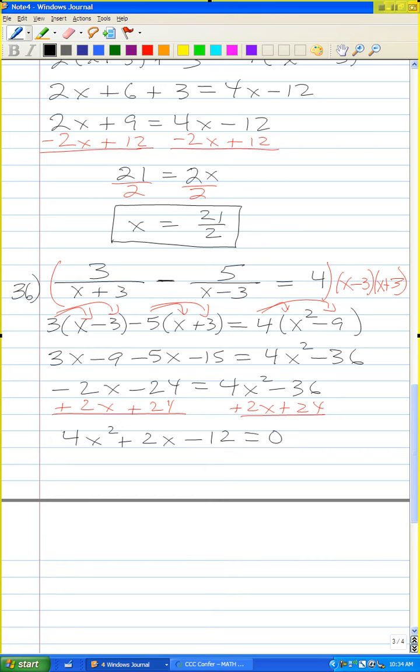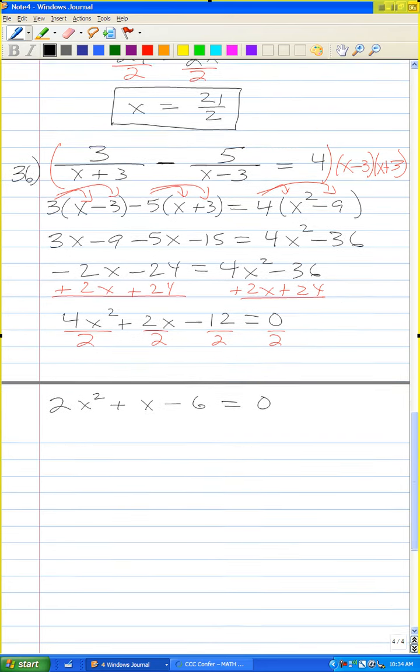Now, what I do notice here is that I can divide each of these by 2. So let me divide every term here by 2. So I get 2x squared plus x minus 6 equals 0. And let's try to factor this.